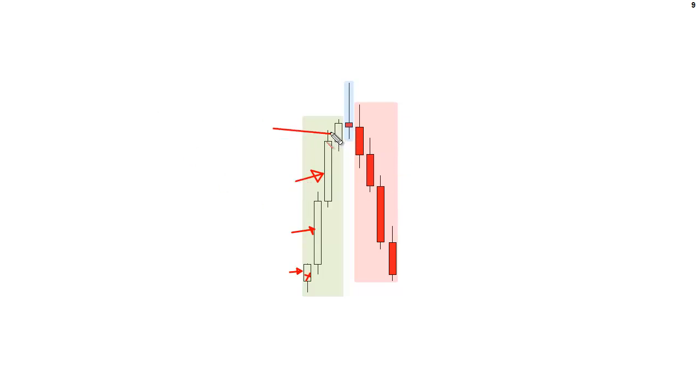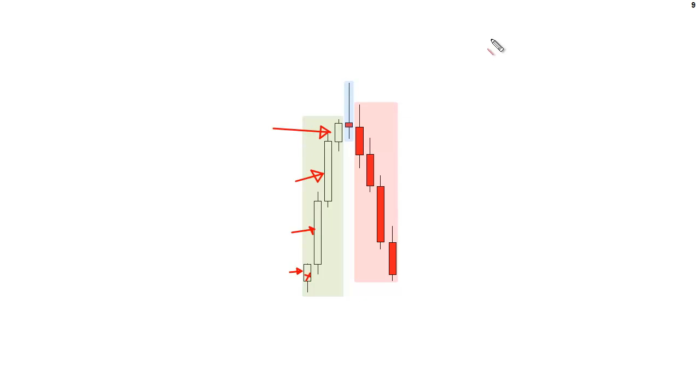Next candle is a bit smaller, okay? So what does this candle tell us? Does anyone know? Feel free to type it in if you know what this candle tells us. Some people are wrong, some people are right.